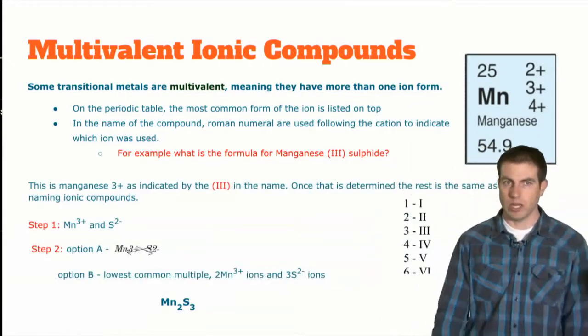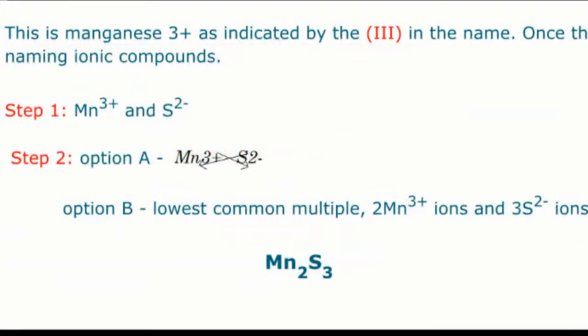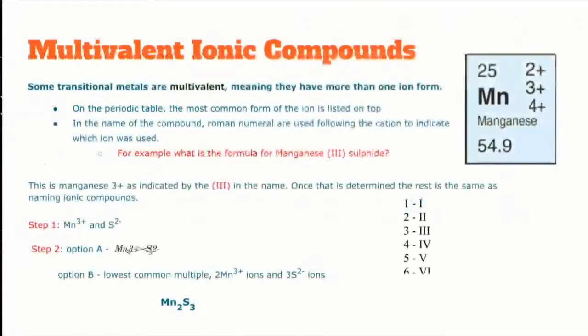I'm just going to get out of the way here. These aren't in the notes, but the Roman numerals from 1 to 6 are over here on the side. If you don't know them, write them down right now, and that way you won't forget them. So 1 is I, 2 is II, 3 is III, 4 is IV, 5 is V, and 6 is VI. I do not recall any multivalents that have a charge greater than... there's one that has a 7.